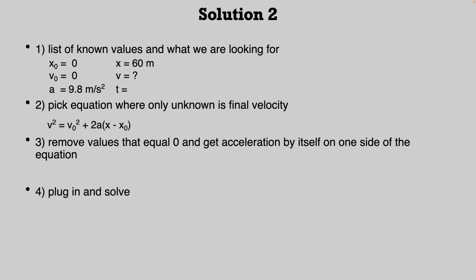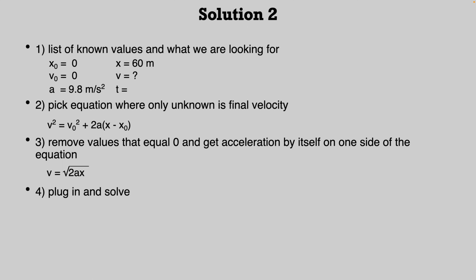We can simplify this since both our initial distance and velocity equal 0. We need to get velocity by itself on one side, so the only thing we need to do is square root both sides, which is what we can see here. Velocity will equal the square root of 2 times the acceleration times the distance traveled.